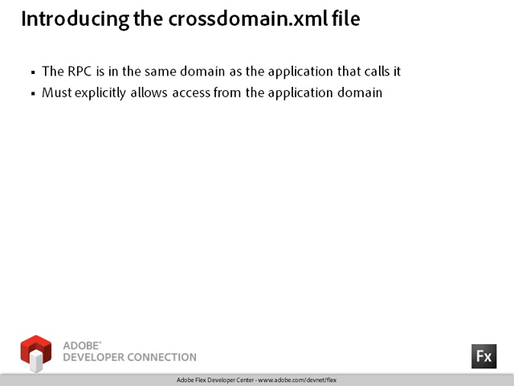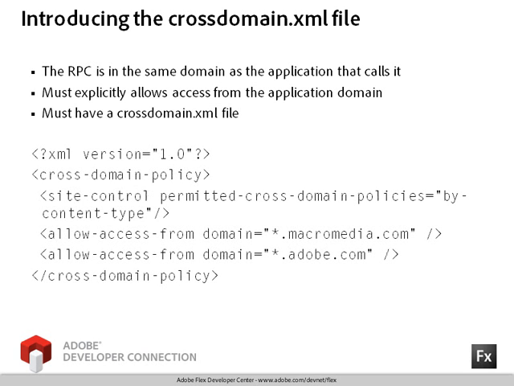If it is not, you must create a crossdomain.xml file that explicitly lists the domains that can access the services. You must literally create an XML file named crossdomain.xml and place it on your server. For instance, this example shows that applications in the macromedia.com and adobe.com domains can access the services on the server that contains this cross-domain file.